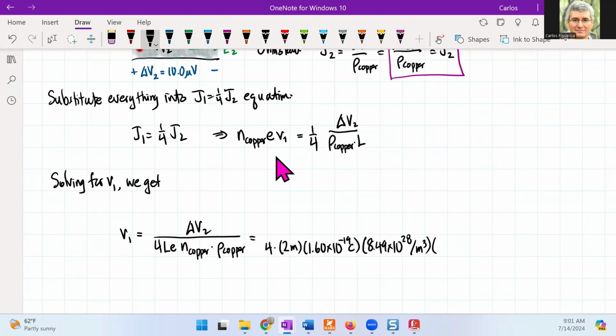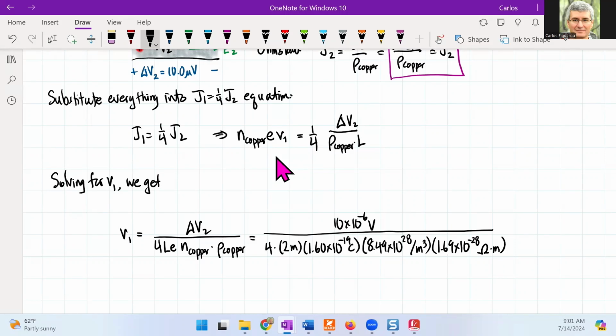And then finally, I have my resistivity, which is 1.69 times 10 to the minus 8 ohm meters. And all of this is going to go into the voltage, which is 10 times 10 to the minus 6 volts. So that's a lot of numbers.